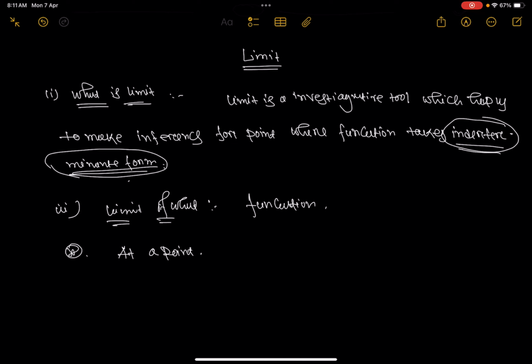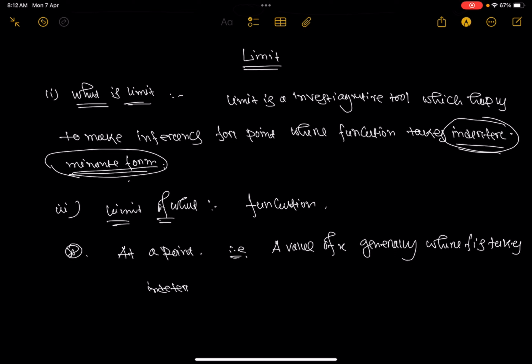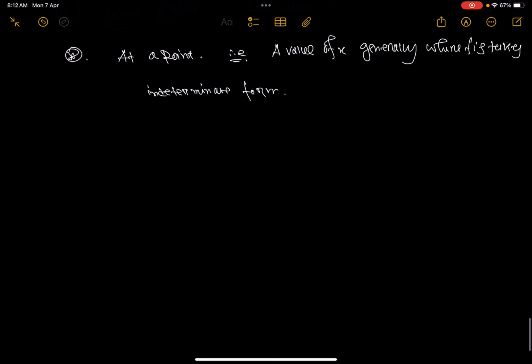This implies that a value of x, generally a, which takes indeterminate form. What is indeterminate form? This is the most important thing.